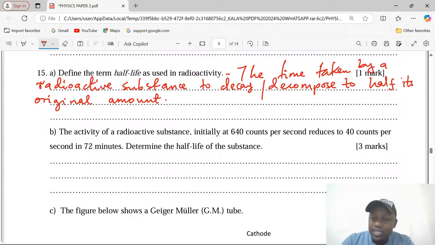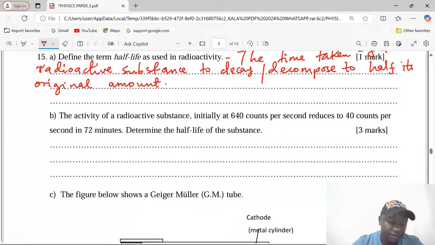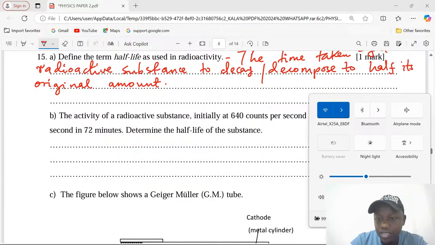As long as it is up to half the original amount that we had at the beginning of the decomposition process, then we shall talk of a half-life. That time is called half-life.